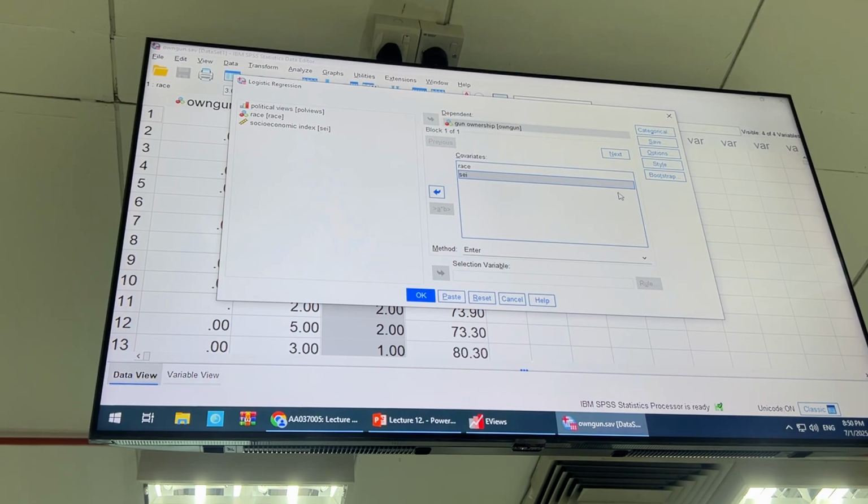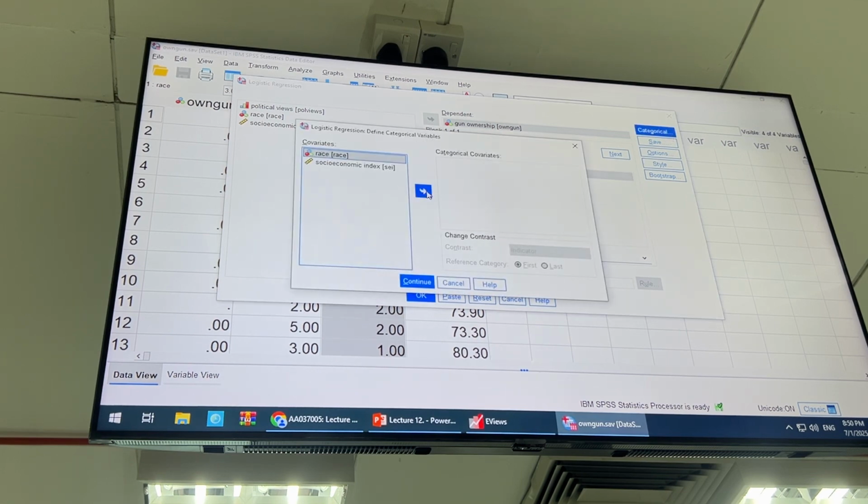Now you have to tell SPSS that race is a categorical variable. You click Categorical, and you put race in this box.